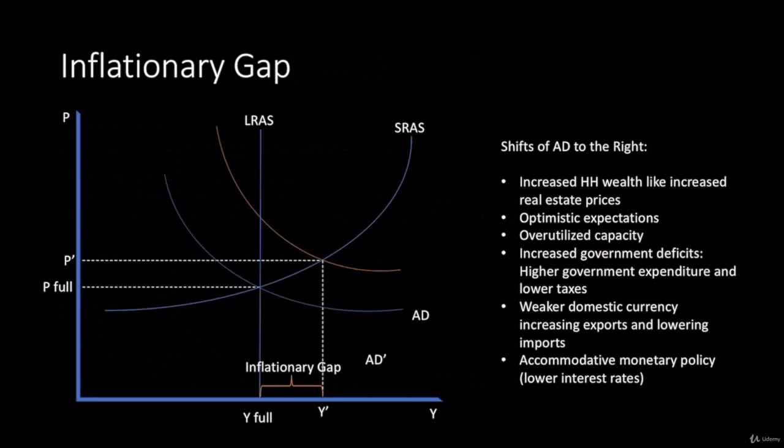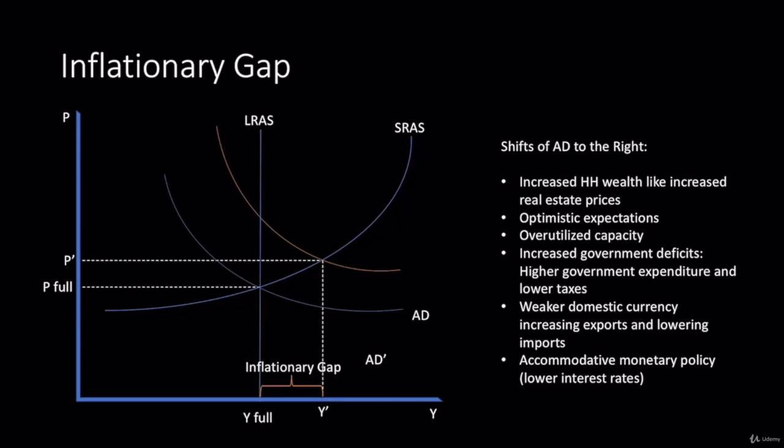The third situation we might find ourselves in is an inflationary gap, where aggregate demand shifts to the right. So now aggregate demand goes to the right, to the orange line, and price levels rise and output levels rise above full employment.